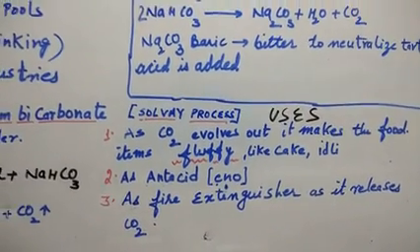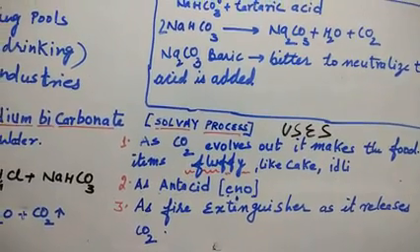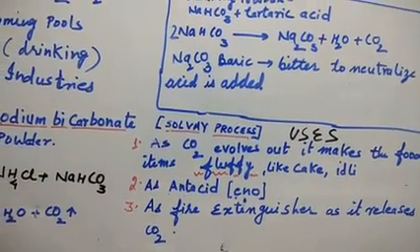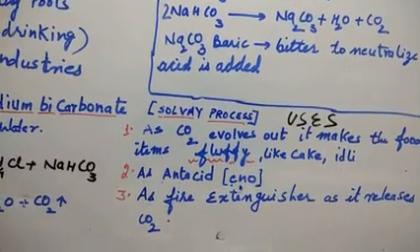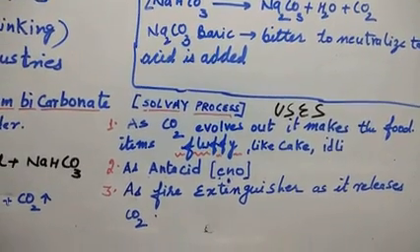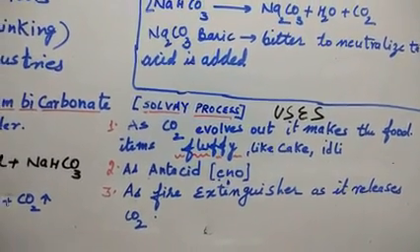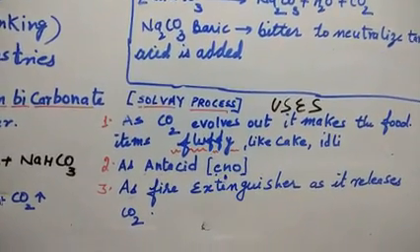You all have heard about ENO. That ENO only contains sodium bicarbonate. And you have heard that nowadays ENO is coming in the market in different flavors, but those flavors are of acids only, like lime flavor, like tamarind flavor.